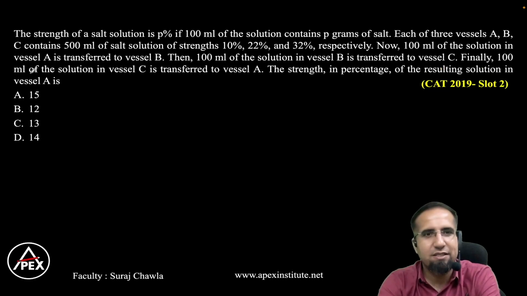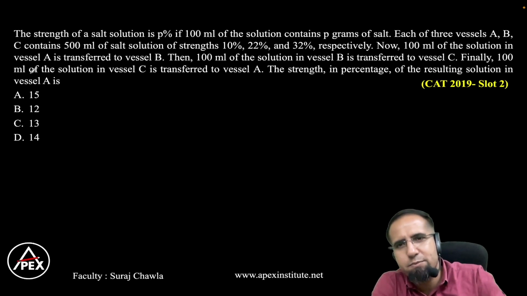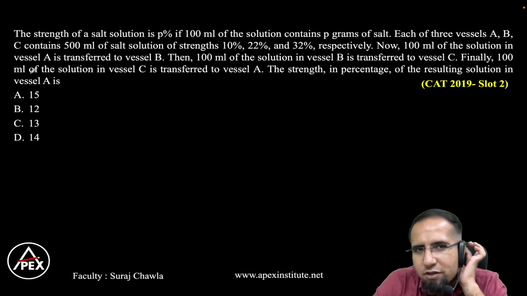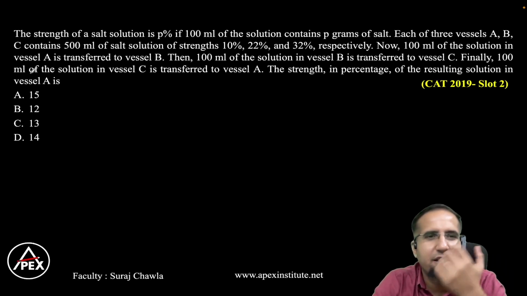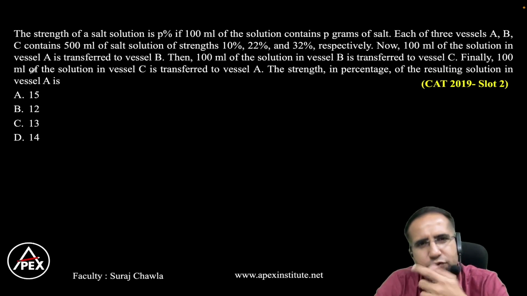Now this question says the strength of a salt solution is P percentage if 100 ml of the solution contains P grams of salt. Each of the 3 vessels A, B, C contain 500 ml of salt solution.